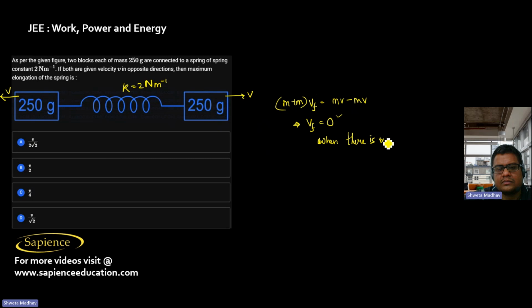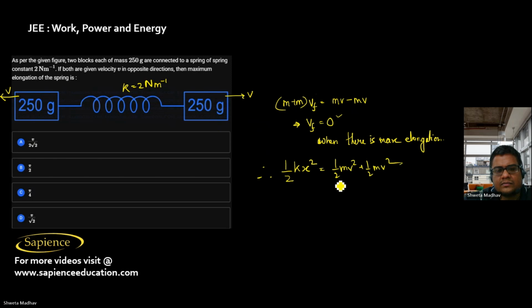So therefore I can say that the loss in kinetic energy is equal to the gain in spring potential energy. It is half mv square plus half mv square. Half we can cancel, so x square will be equal to 2mv square by k.